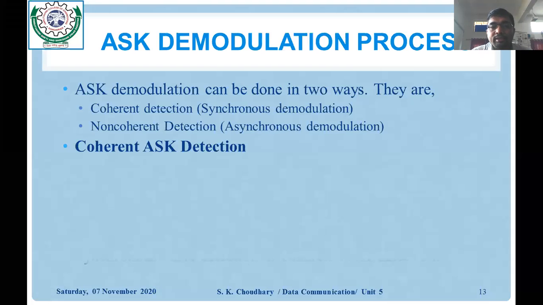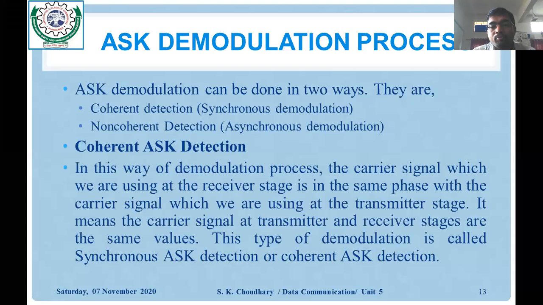So coherent ASK detection, or synchronous, is a demodulation process in which the carrier signal we use at the receiver stage is in the same phase as the carrier signal we use at the transmitter stage. It means that the carrier signals at the transmitter and receiver are of the same value. This type of demodulation is called synchronous ASK detection or coherent ASK detection.